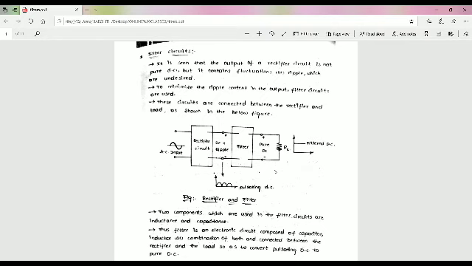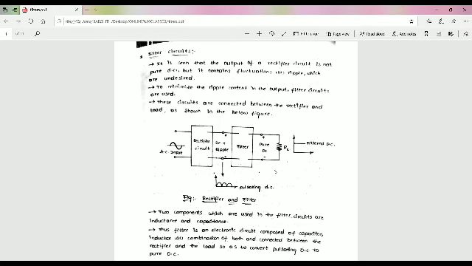Two such components are inductance and capacitance. These two components are used in the filter circuits: inductance filters and capacitance filters. The inductance acts as a short circuit for DC, but it has a large impedance for AC.